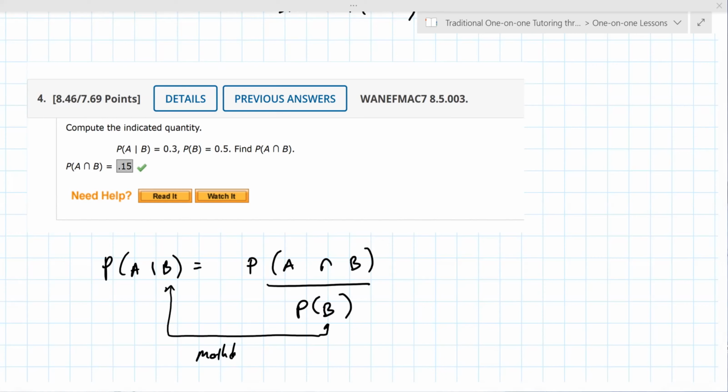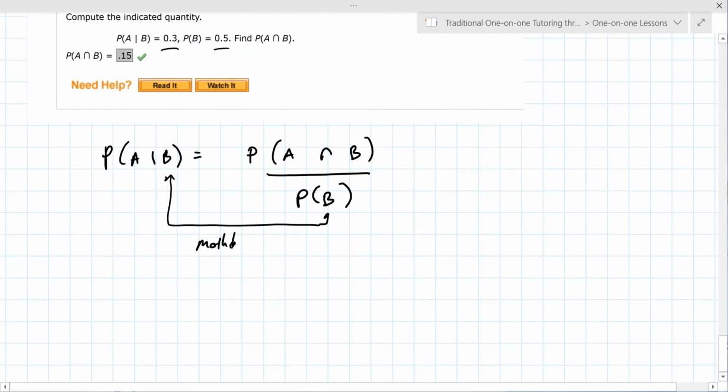Just as an aside, whenever you get two numbers on an exam, you're either multiplying them or dividing them. There's really only two options. Here you're solving for this thing on the top.